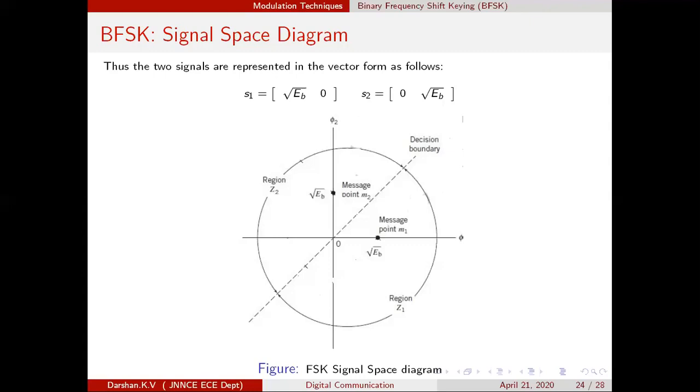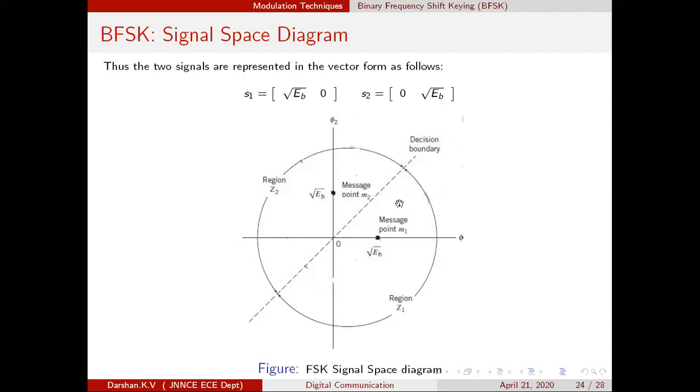If you analyze mathematically, the received signal point is treated as x, which has the coordinates x1 and x2. Any point in this particular region will have its first coordinate greater than the second coordinate. You can check that later, but mathematically one can say this.